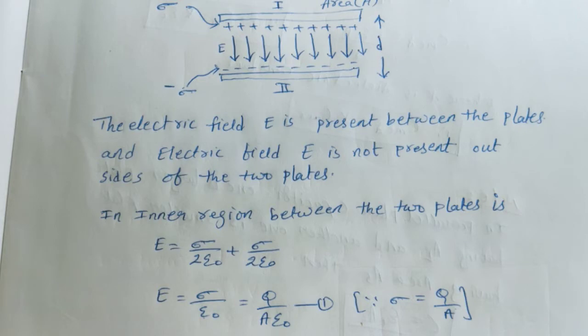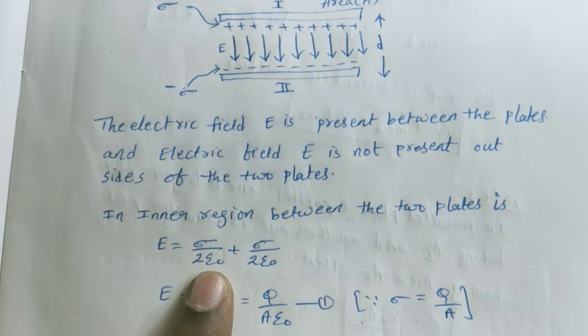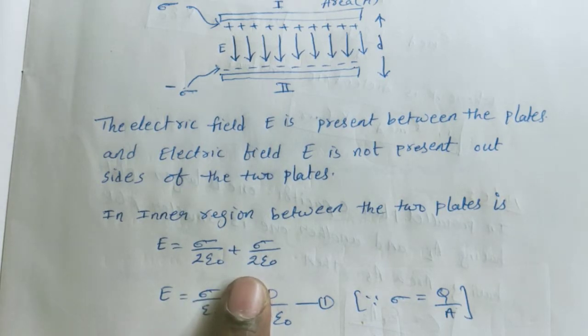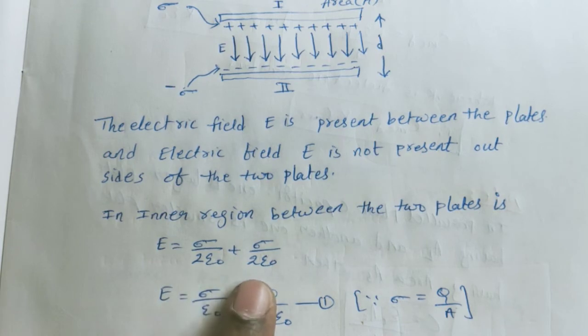Here how many sheets are present? Two sheets. So between the two plates, the resultant electric field is E equal to sigma divided by 2 epsilon naught plus sigma divided by 2 epsilon naught. This is for one plate and this is for the other plate. By summation, E is equal to sigma by epsilon naught.